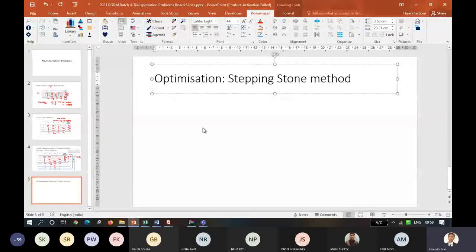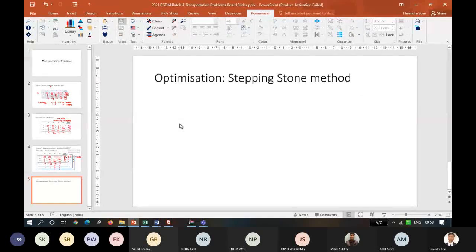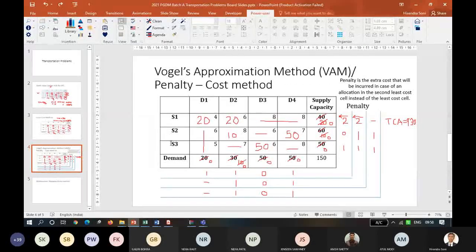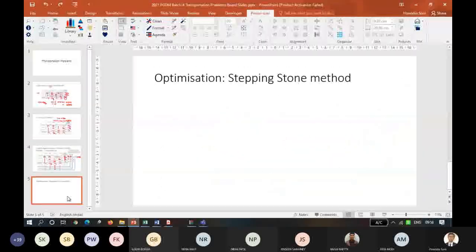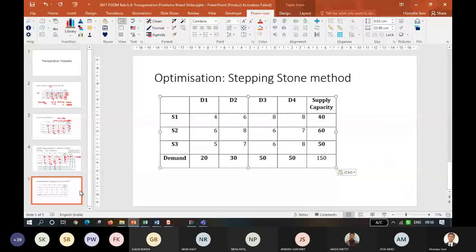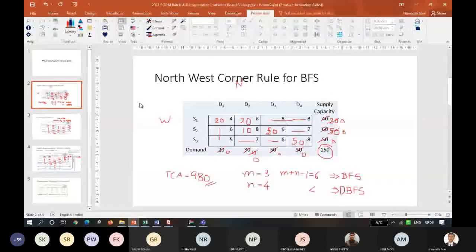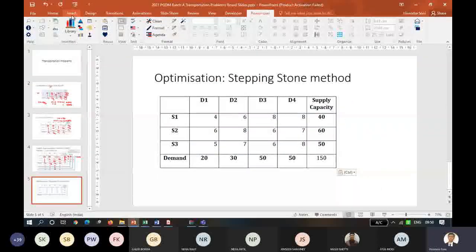Okay, so we'll just copy the allocations here. 20, 20, 10, 50, and 50. Okay, so I'll put the allocations.